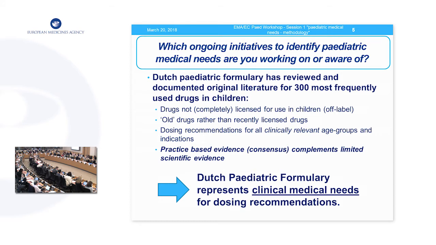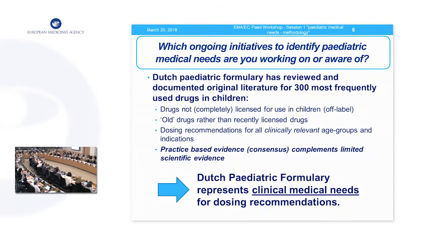What we did is provide dosing recommendations for all clinically relevant age groups and indications. And this is where the review of the editorial board is of so much importance, because the practice-based evidence, so the consensus and the expert opinions that really establish the pediatric needs, complements the limited scientific evidence.